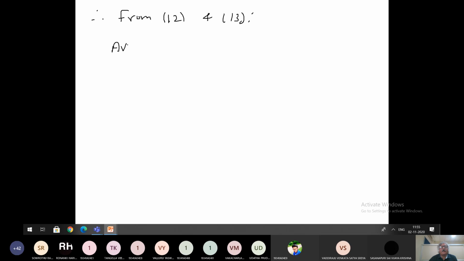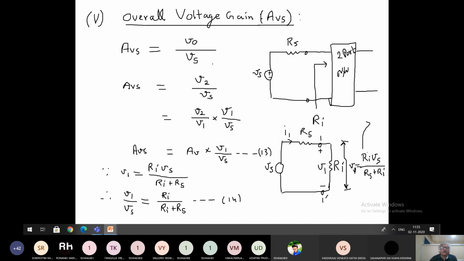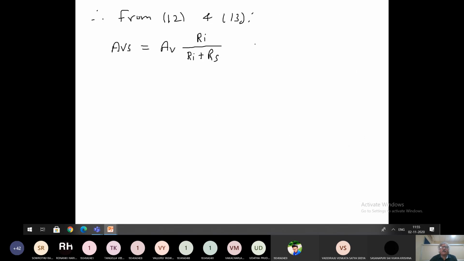Overall voltage gain AVS is equal to internal voltage gain AV multiplied by Ri divided by Ri plus Rs, right? This is equation 14. This is the expression of my overall voltage gain.